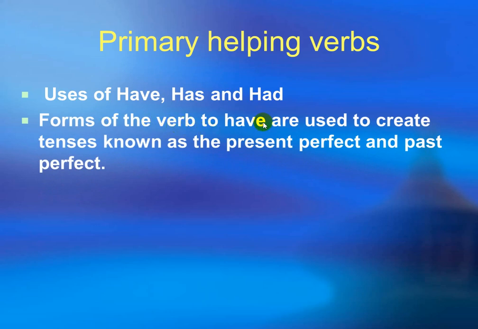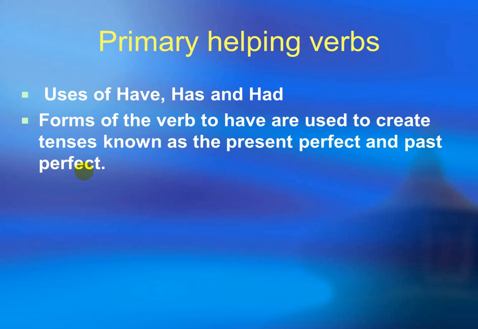Forms of the verb to have are used to create tenses known as the present perfect and the past perfect. الاستخدام الرئيسي للverb to have بيجي مع الأزمنة المعروفة بالمضارع التام البسيط أو الماضي التام البسيط.